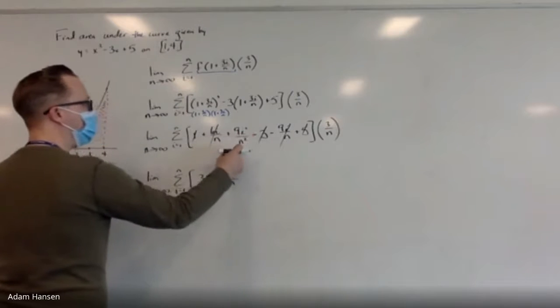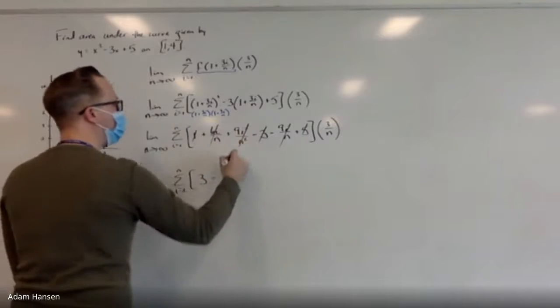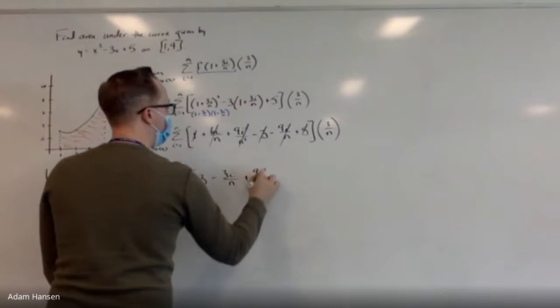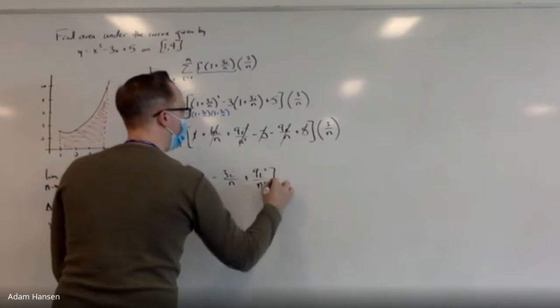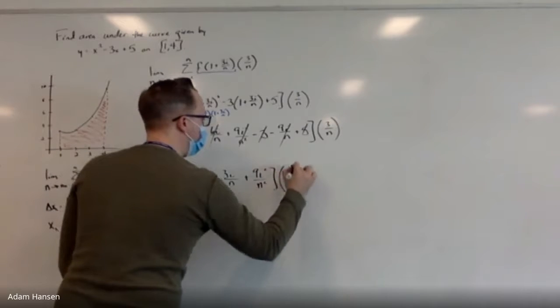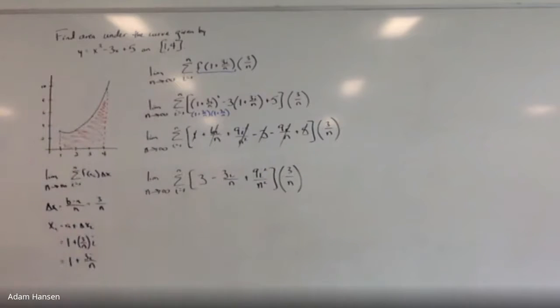And then I don't think anything else combines with this, right? 9i squared over n squared. Still hang on to the 3 over n out the very right.